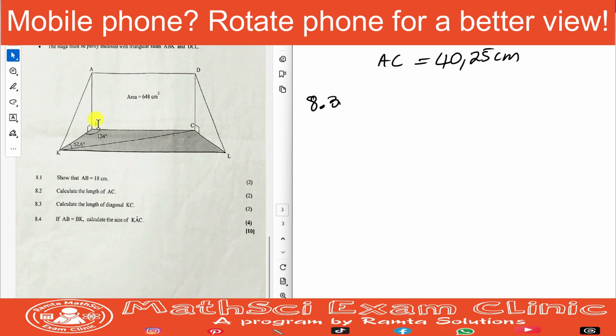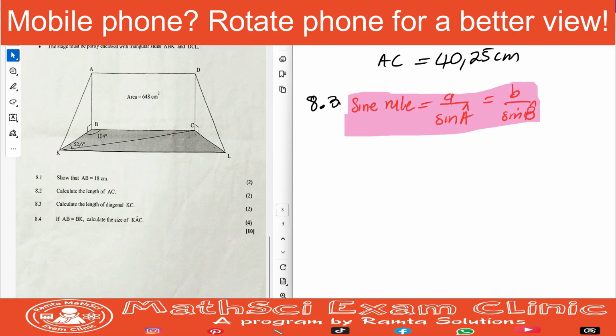So being given a side and its included angle, and then given another angle but required to find its opposite side, use sine rule. The formula is also given. Sine rule says a over sine A equals b over sine B in whatever form. Even if it's sine A over small a equals sine B over small b, it's the same thing. So this is the formula that you need.